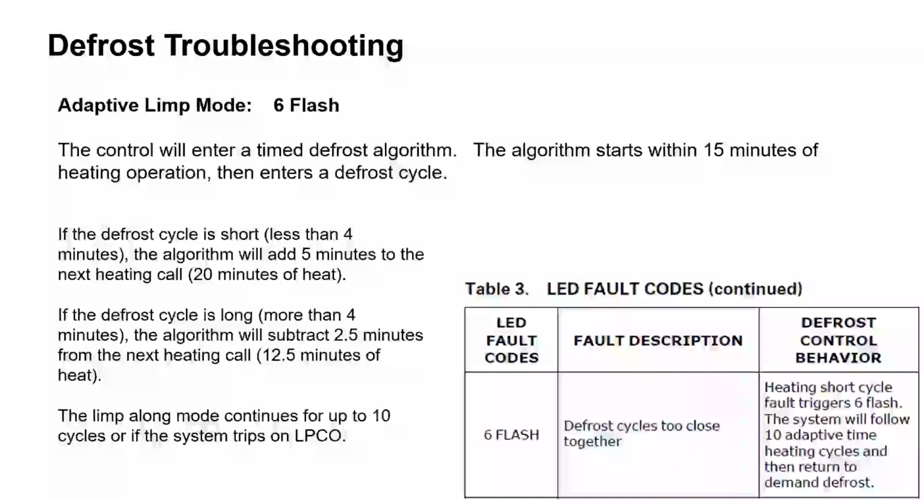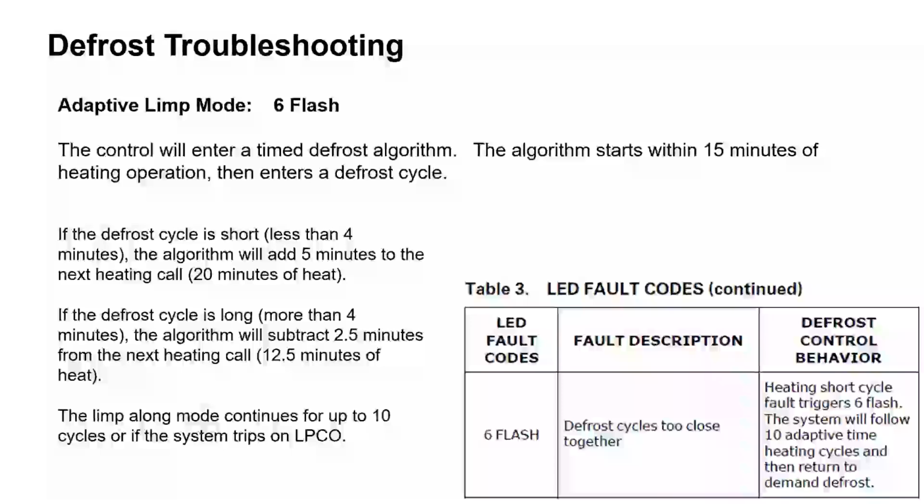What it does, if it saw a less than 4-minute defrost, it'll add 5 minutes to the next heating call. So instead of allowing the defrost to happen in 15 minutes, it'll say, I'm not going to allow defrost for 20 minutes. And then it'll add another 5, and it'll continue to do this until the defrost cycle is at 4 minutes.